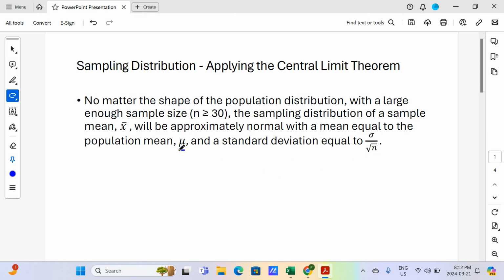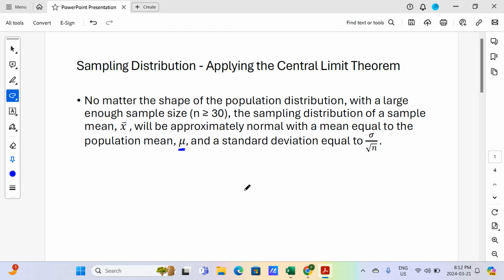Look at here, it's the mean of the sampling distribution of X bar, and its standard deviation would be sigma over square root of n. Sigma is population standard deviation.